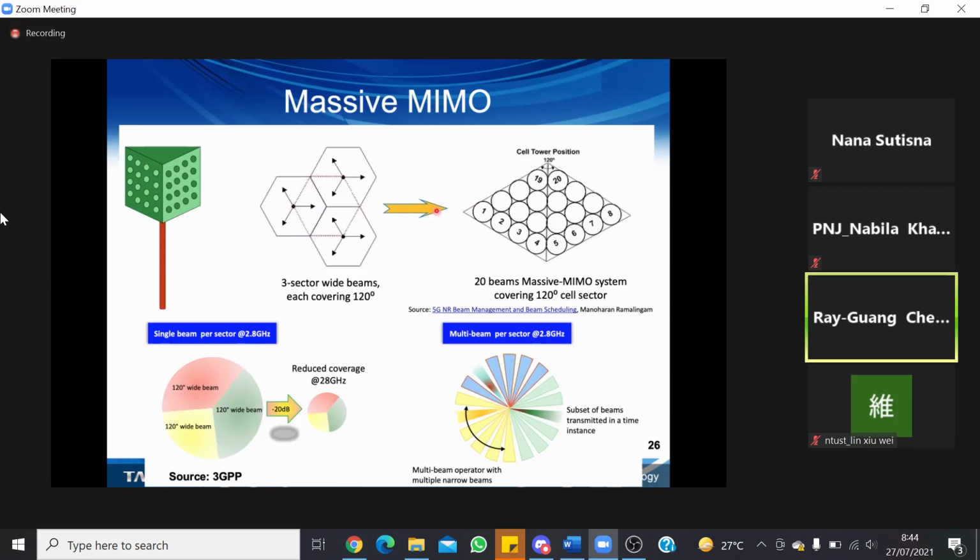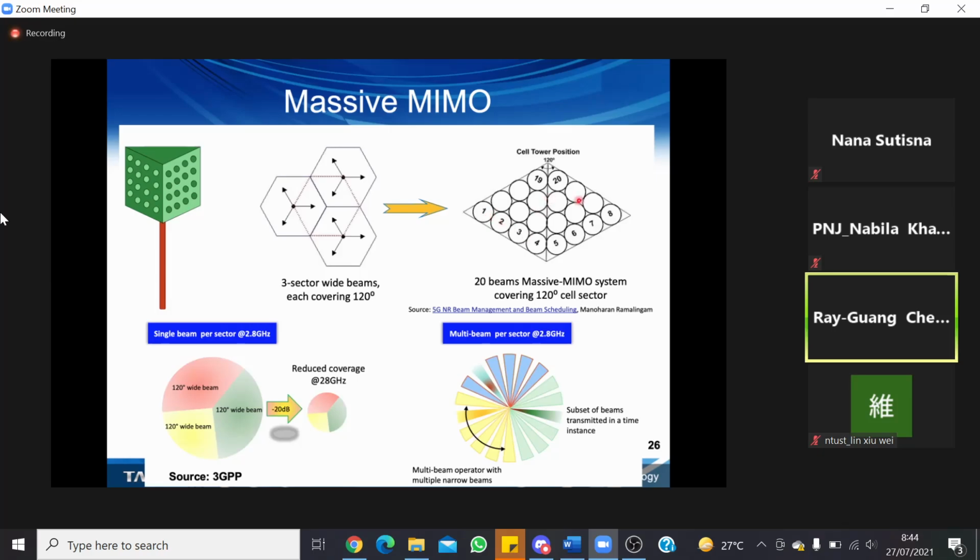When you have multiple antennas, for example 64 by 64, you can split the area into many smaller circles. So you can use the technology we just mentioned to focus your energy to a very small area.